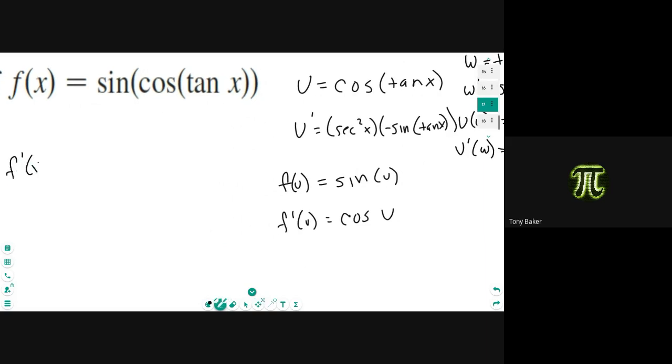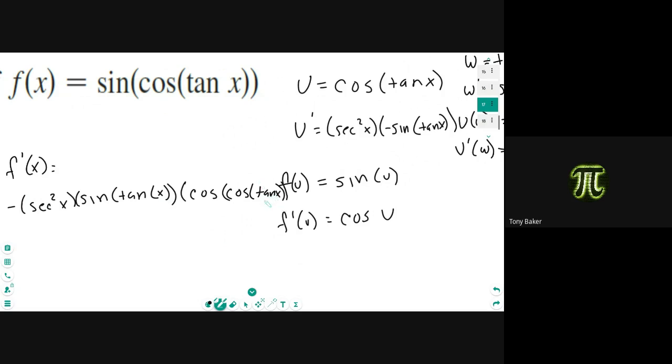So f prime of x is secant squared of x. I'll put the negative sign out front. Sine tangent of x times cosine tangent x.